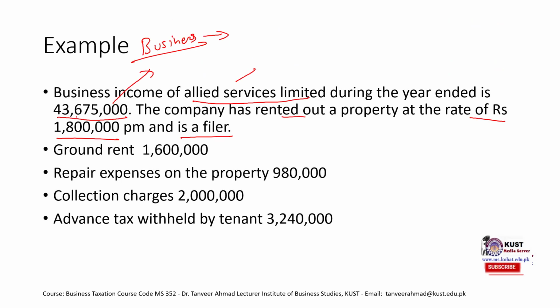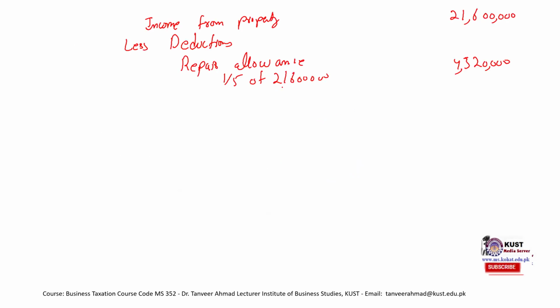So although the repair expense is 9,80,000, we do not need to actually consider this repair expense anyhow. We would not take it into account. We would simply calculate 1/5 of the rent and we get the amount.